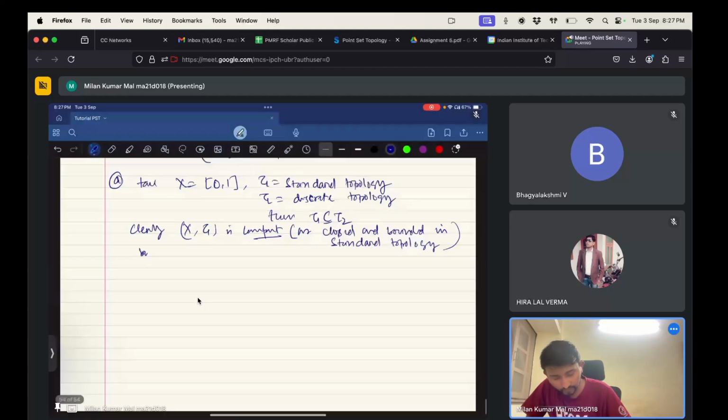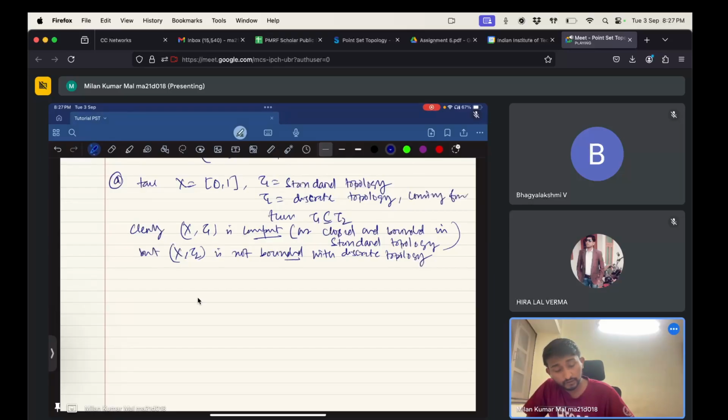But tau 2 is actually a topology coming from the discrete metric defined above.